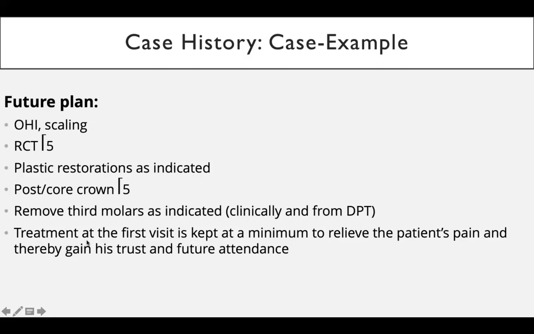And treatment at the first visit is kept to a minimum to relieve the patient's pain and thereby gain his trust and future attendance, because we remember this patient had a bad experience and was afraid of needles. So we keep the treatment to a minimum so that he can come for follow-up and future attendance.